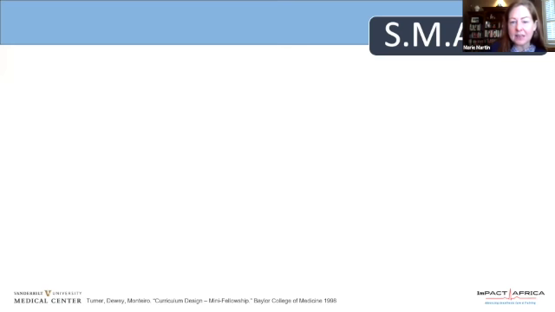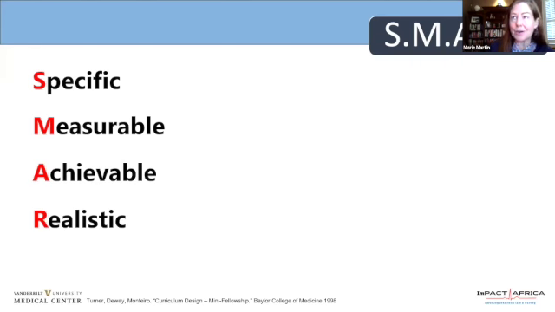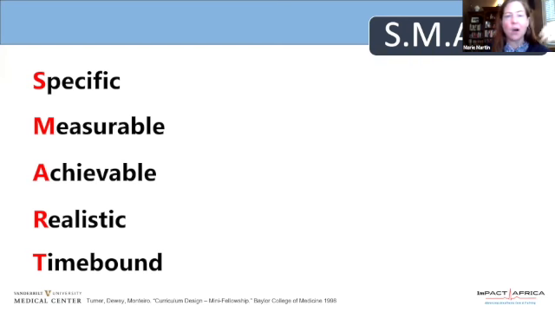But this idea that you need to be specific, and many of you have referenced that today, this idea of being specific, being measurable, also being achievable or actionable, realistic. So what can you really achieve in a session or in a course, and time bound? And these are ways that you can develop objectives for your courses, but also for goals, for grants, for larger programs, for other activities.